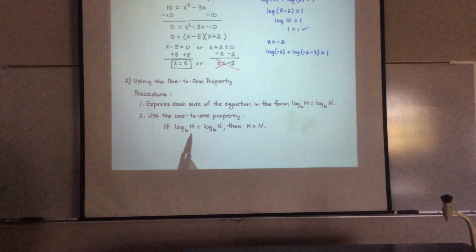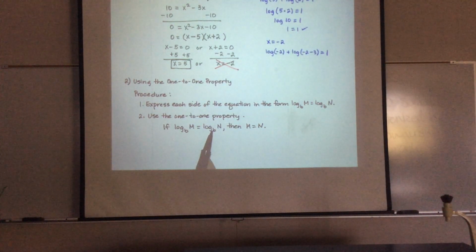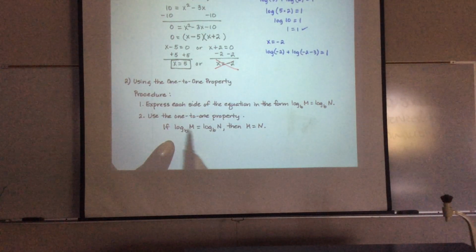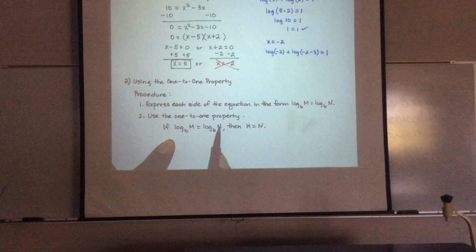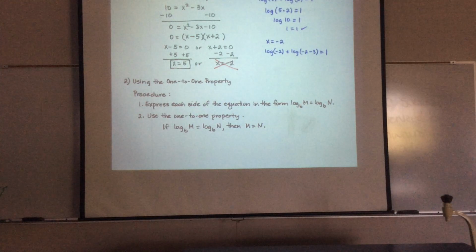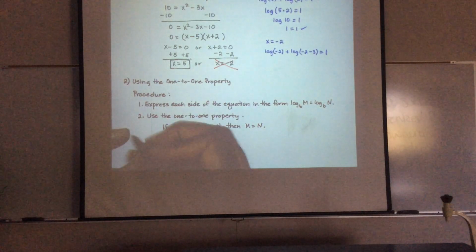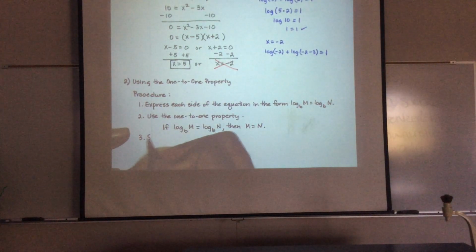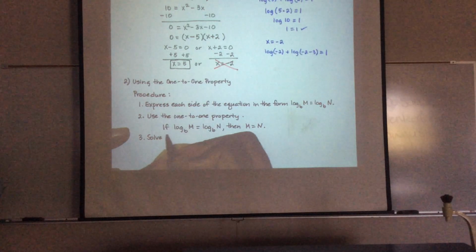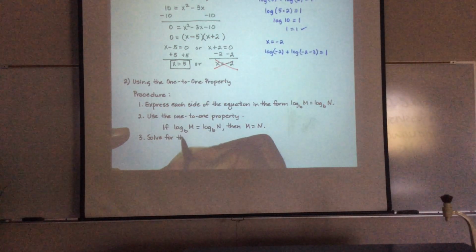So if you have the log of the same base on both sides of the equation, then you can set this argument m equal to that argument n. So you can set m equal to n. And then number three, solve for the variable.